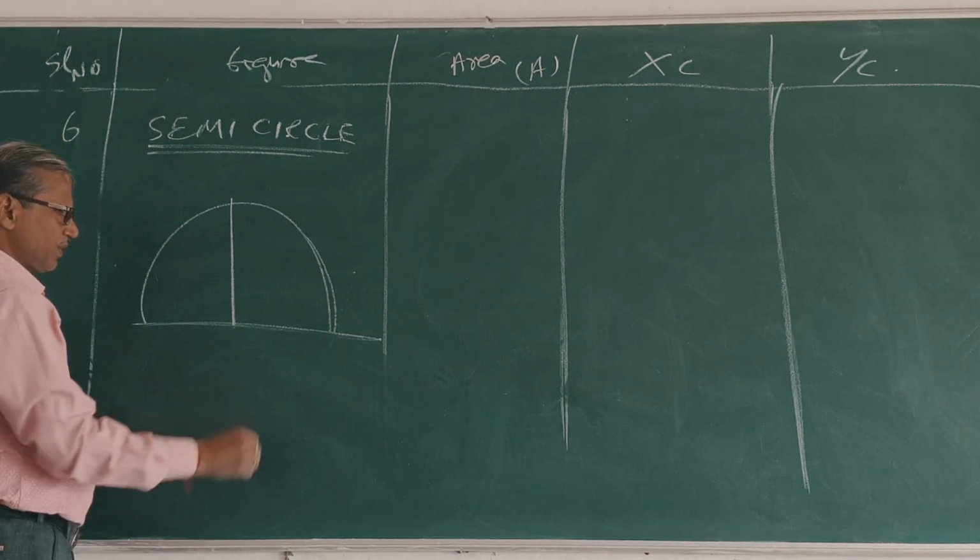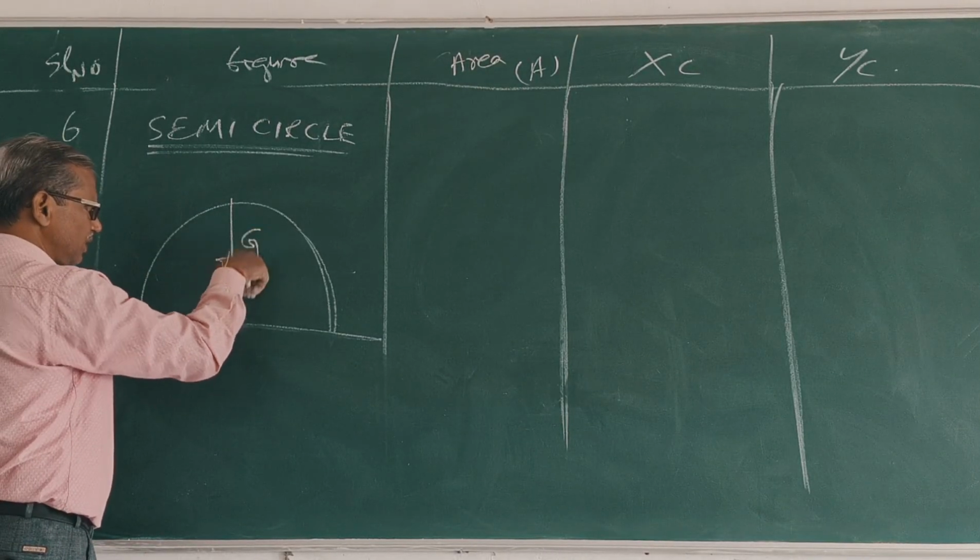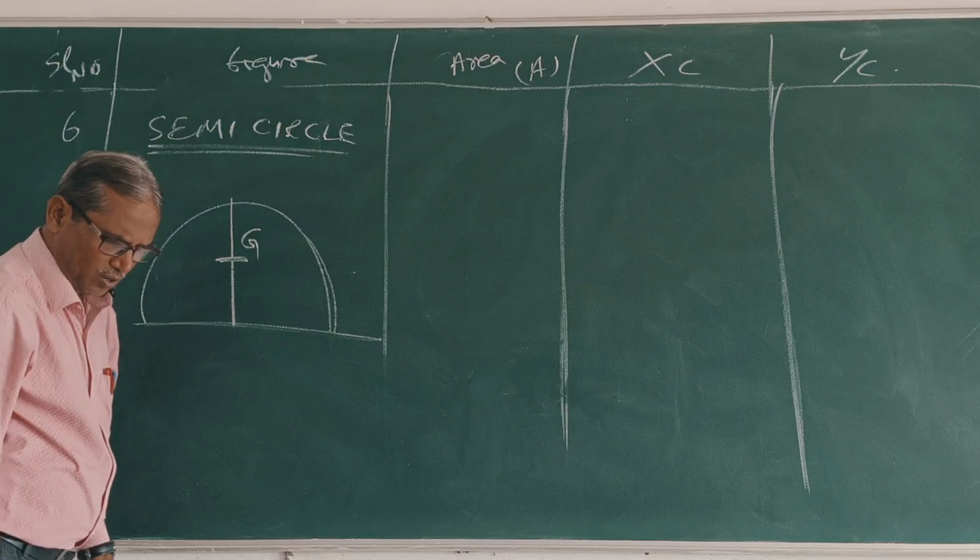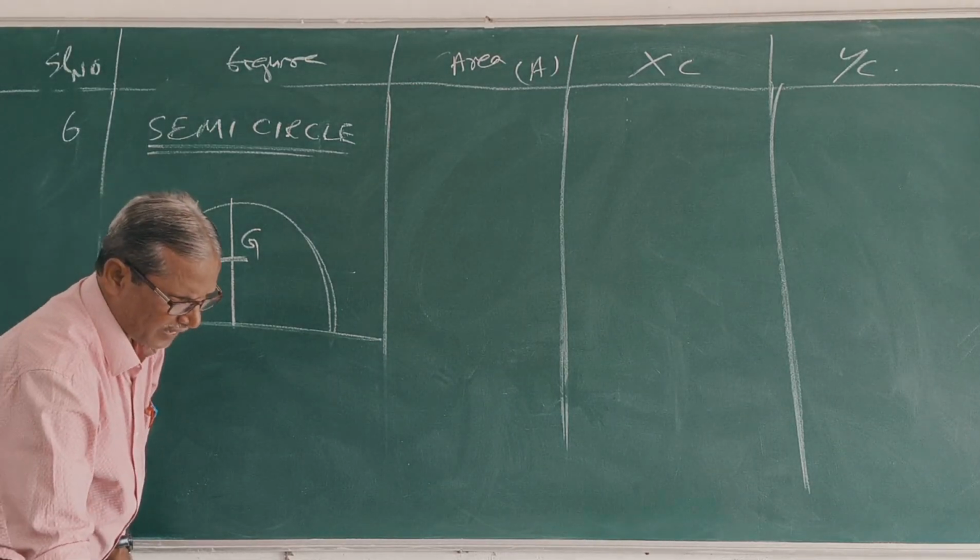This is point G. I have already told you the CG always lies along the symmetry axis.